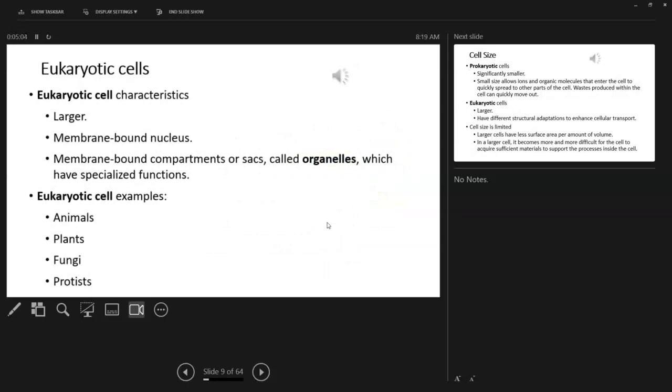And compared to eukaryotic cells, which are larger, more complex, and have a nucleus and other organelles, these eukaryotic cells make up animals, plants, fungi, and protists.